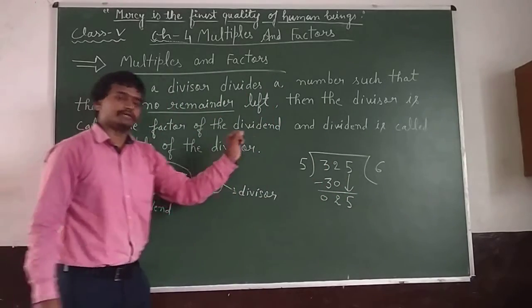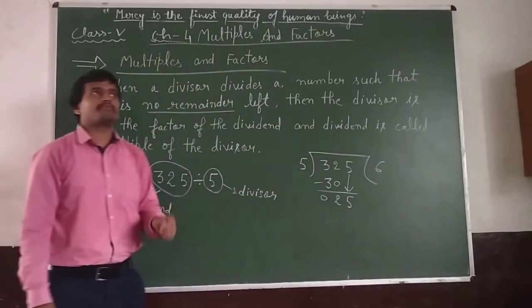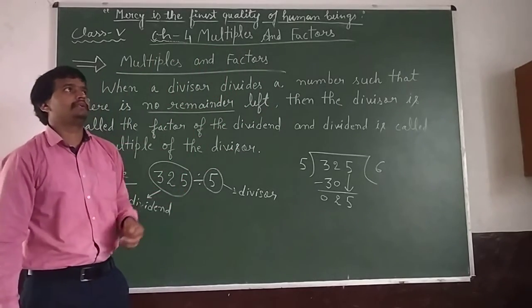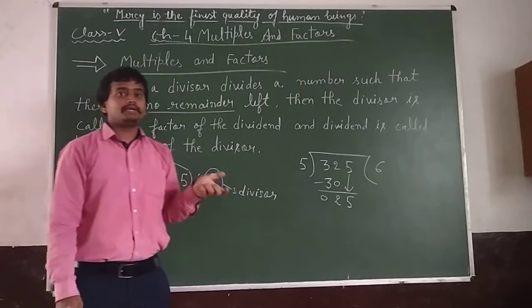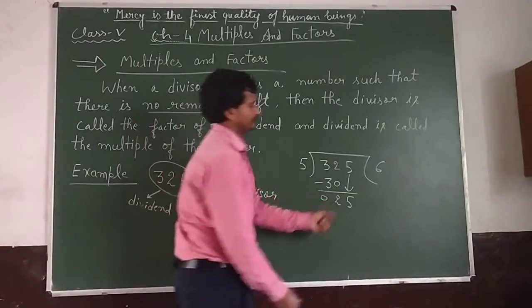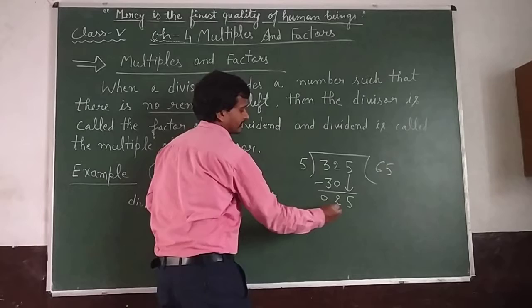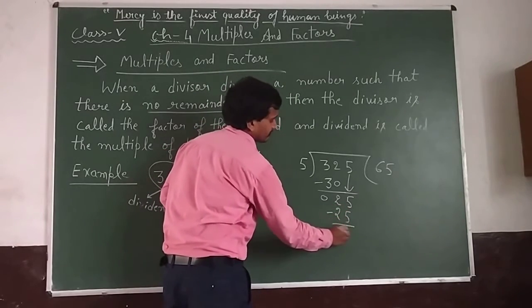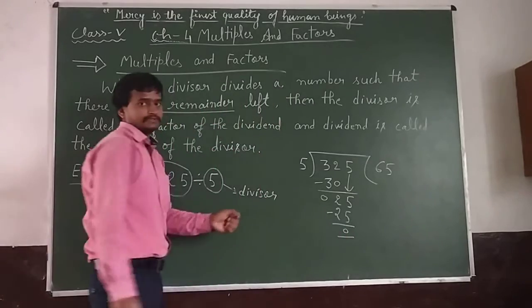Now the number is 25. Read the table of 5. 5 ones are 5, 5 twos are 10, 5 threes are 15, 5 fours are 20, 5 fives are 25. How many times? 5 times. Write down here 25. On subtraction, we will get 0.